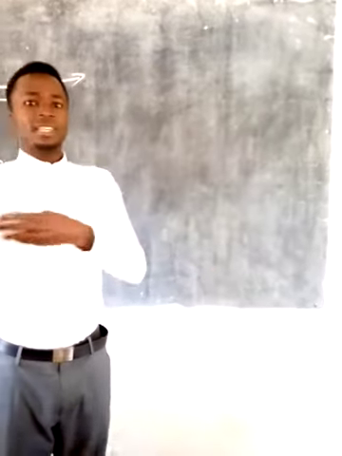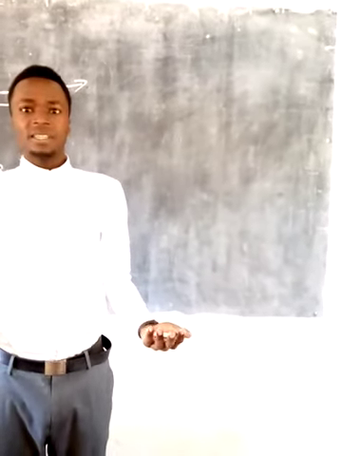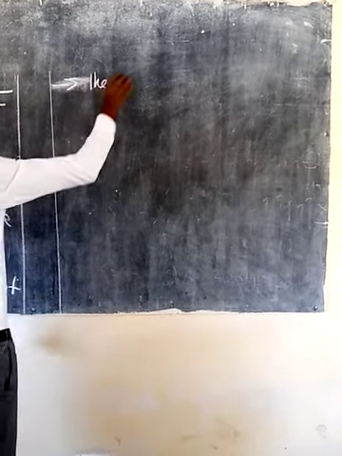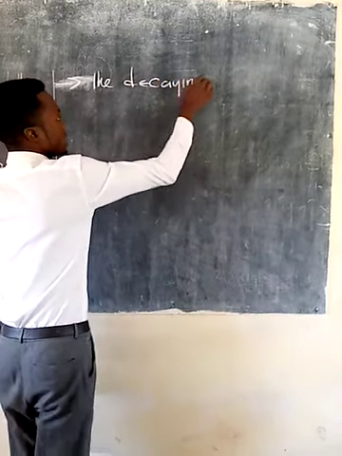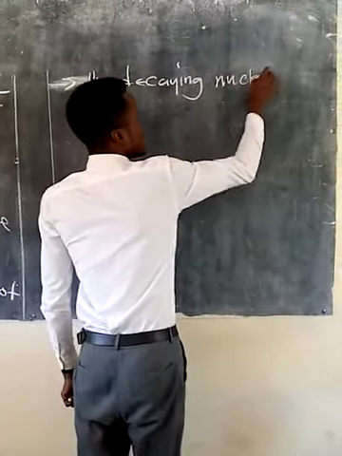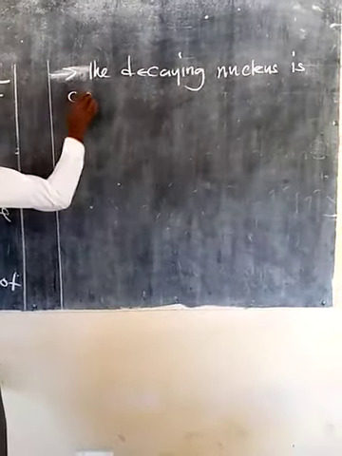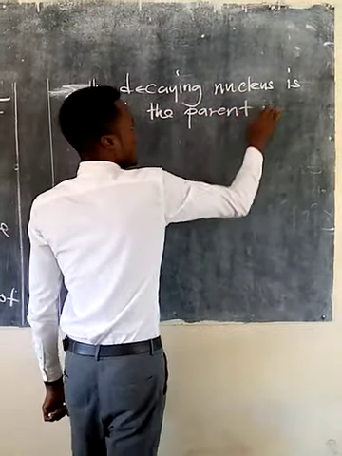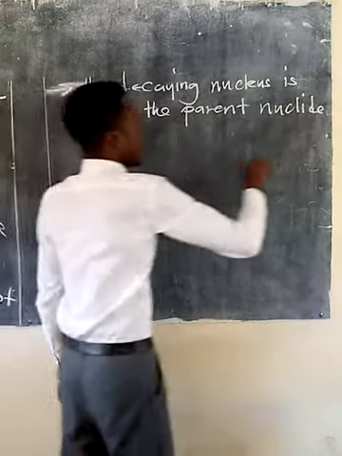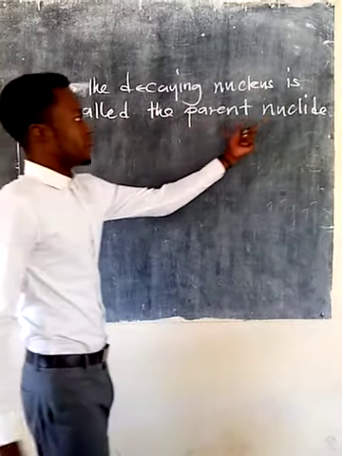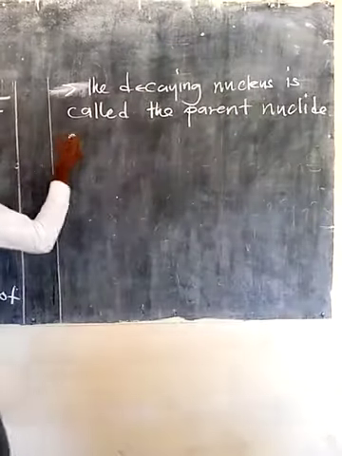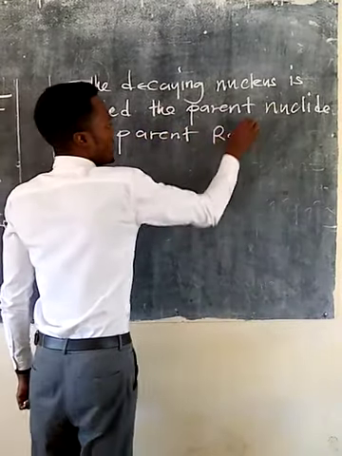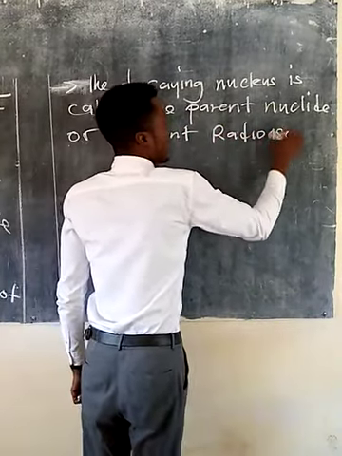Now, the process changes the form: from one element it goes to another element. So we know that the decaying nucleus is called the parent nuclide, or it can also be referred to as a parent radioisotope.